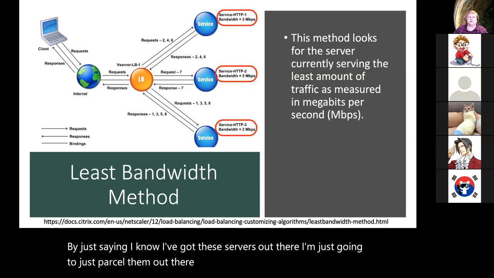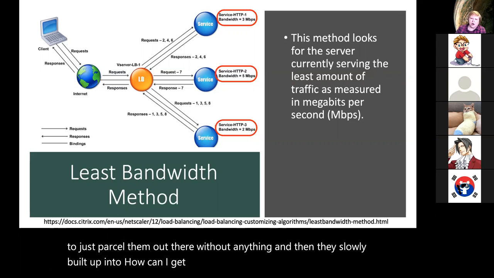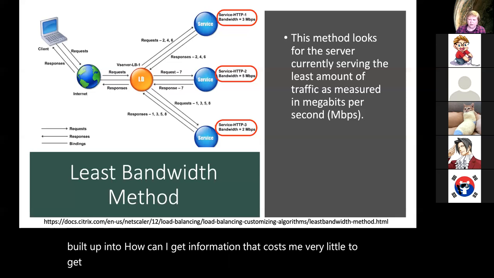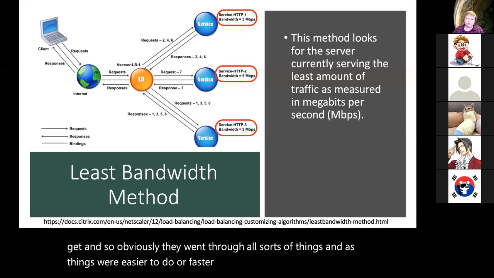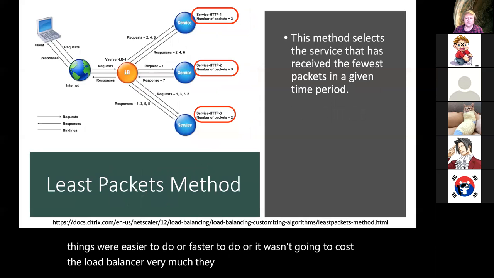And then they slowly built up into how can I get information that costs me very little to get? And so obviously they went through all sorts of things. And as things got easier or faster to do, or it wasn't going to cost the load balancer very much, they came up with other methods.